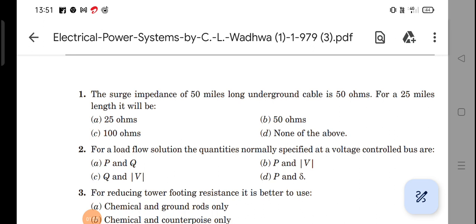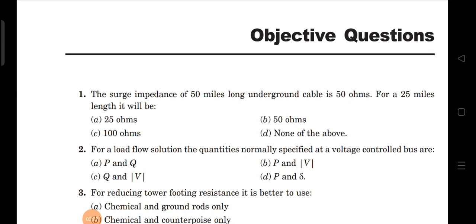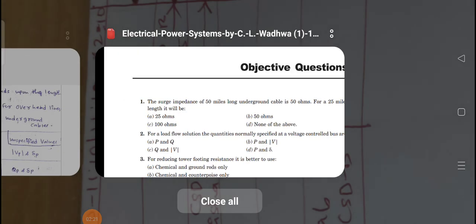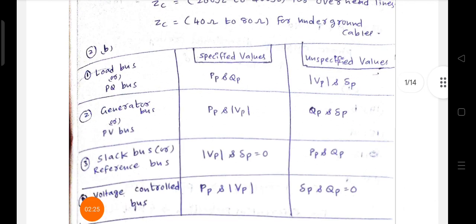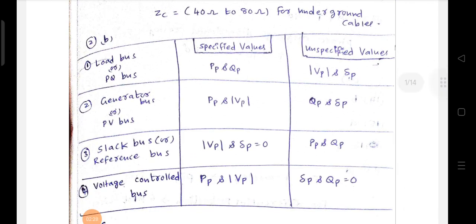Next, second question. For a load flow solution, the quantities normally specified at voltage controlled buses are: first option P and Q, second option P and magnitude of V, third option Q and magnitude of V, fourth option P and delta. Okay, in load flow studies we have four buses.